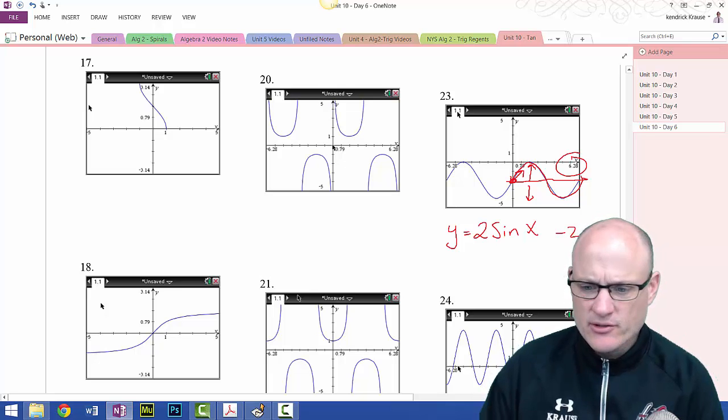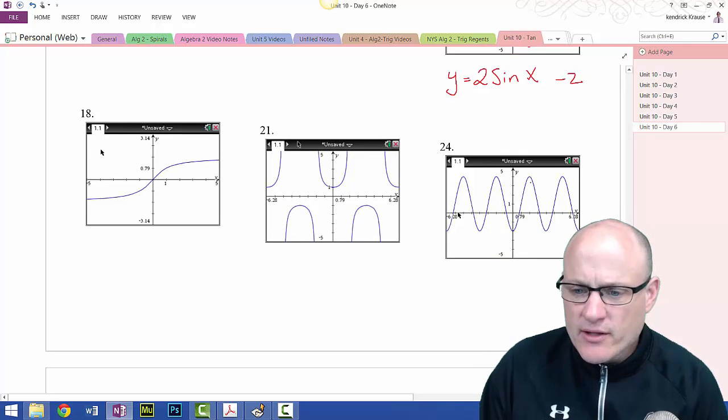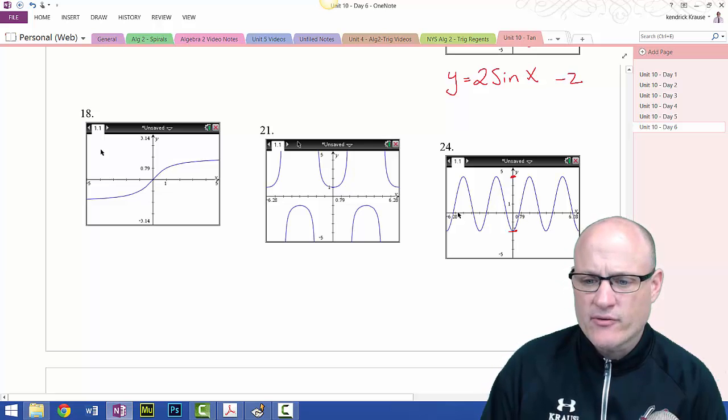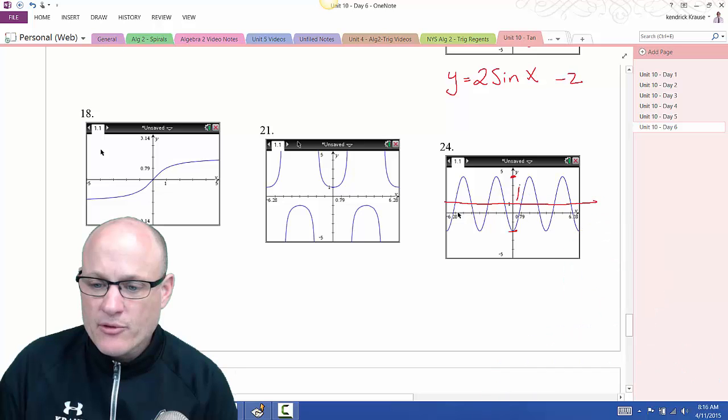All right, let's go find cosine. I believe this is cosine. Now let's see. The top here is at 4, and the bottom here is at -2. That's a distance of 6. So my midline's got to be right here in the middle. It goes up 3 and down 3. Notice we're starting at a minimum and finishing at minimums.